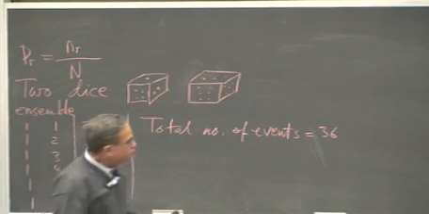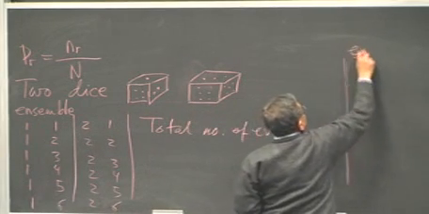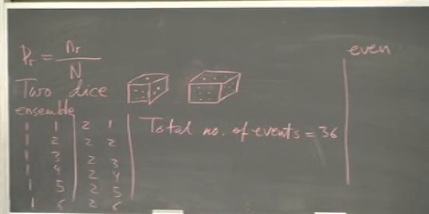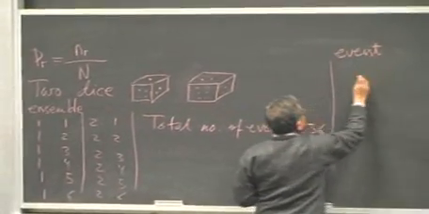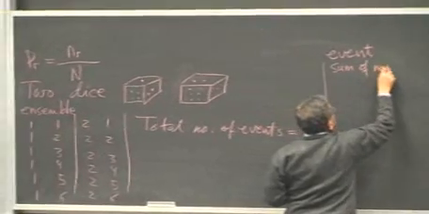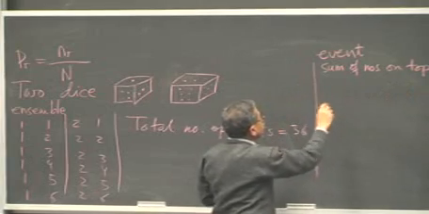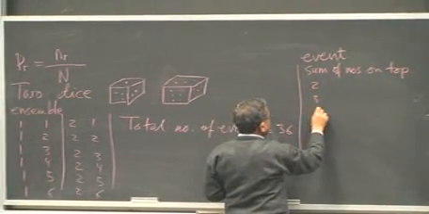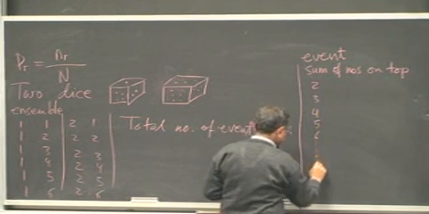Of this, if you want to check the event, the probability of which you want to calculate, if you take the event as the sum of numbers on top, then the sum can be 2 and 3 and 4 and 5 and 6, up to 12.